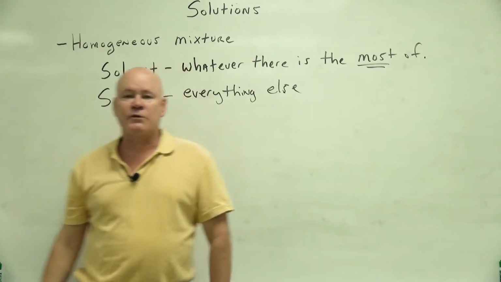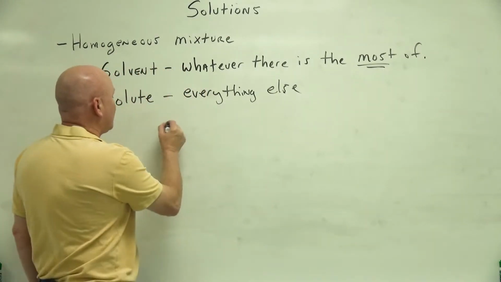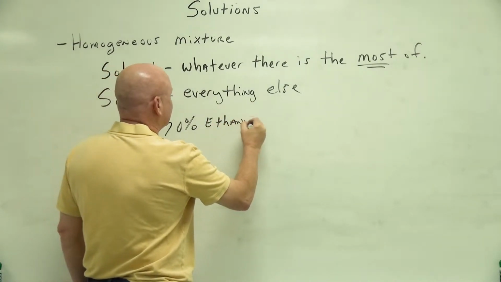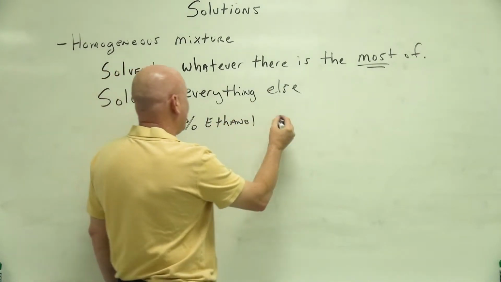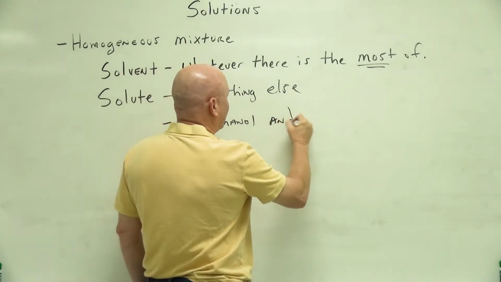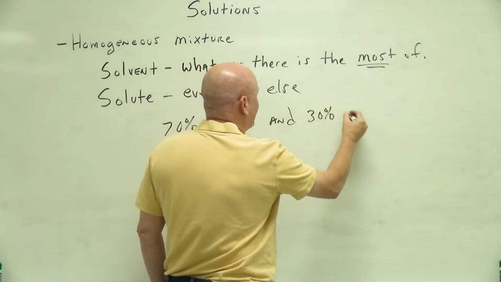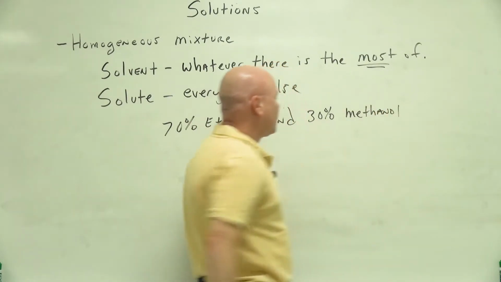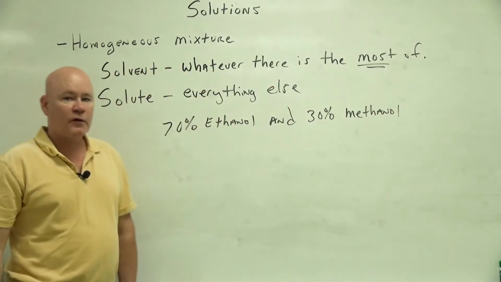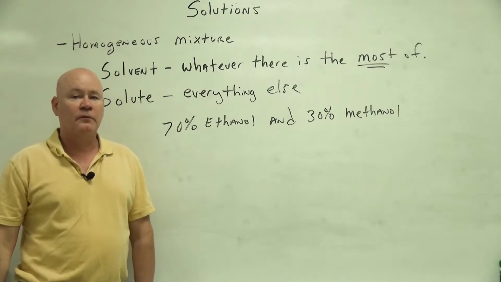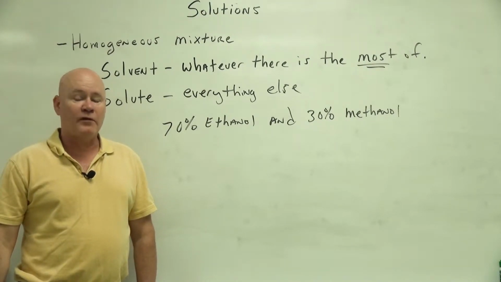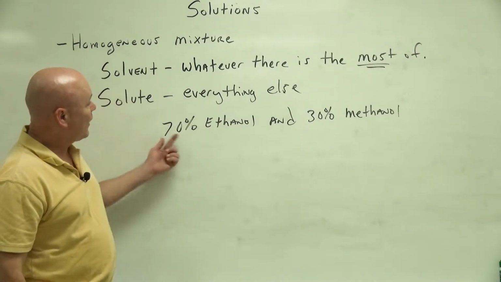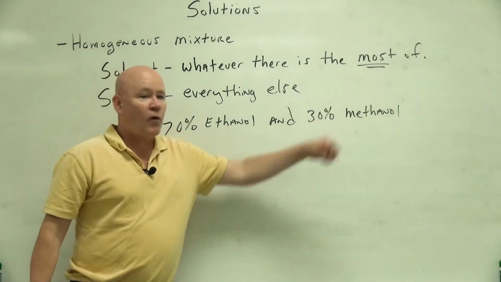So if I have a mixture of, say, 70% ethanol, which is regular old alcohol, and 30% methanol, which are two liquids, which one do you think is going to be the solvent? Going by the definition, 70% is what we have the most of, and methanol is everything else.